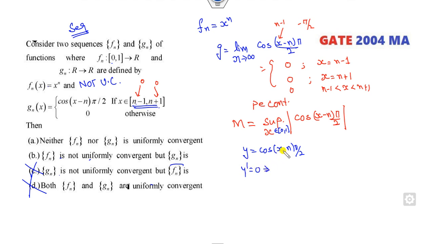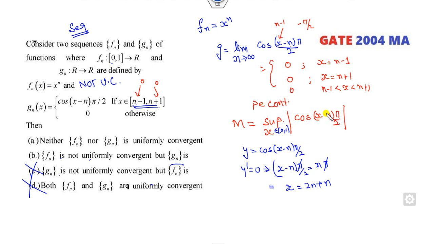So it will be the sine of this. Sine will be 0 when this value will be n pi.